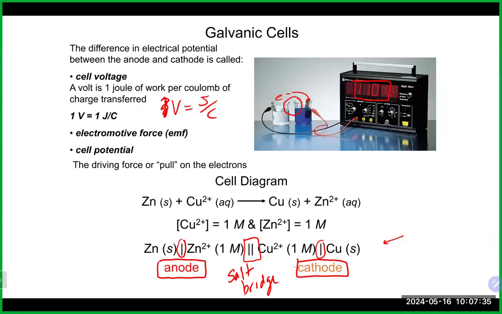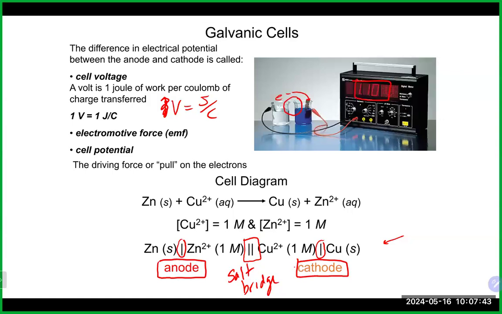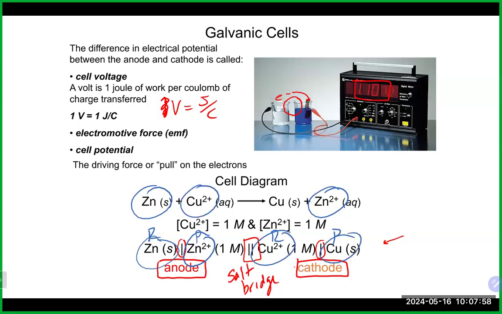So how do you go from the cell diagram to the equation? For the most part, when you look at a cell diagram, this is the way it's set up. First guy is a reactant, second guy is a product. First guy over here is a reactant, second guy is a product. So as you can see, zinc reactant, zinc ion product, copper 2 reactant, solid copper product.